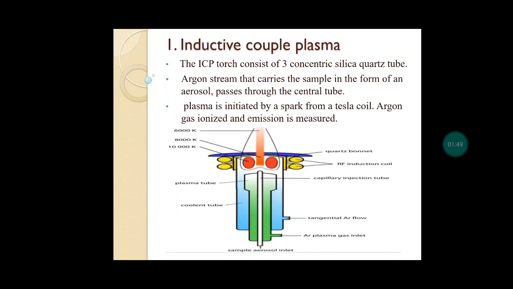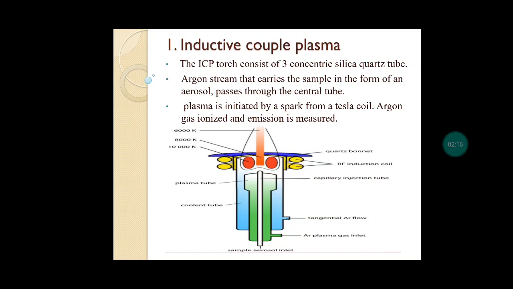First is the inductively coupled plasma. First, let us define plasma. Plasma is generated in a device called a torch. The inductively coupled plasma torch consists of three concentric silica quartz tubes. See in this diagram. The argon coolant tube defines the plasma shape.